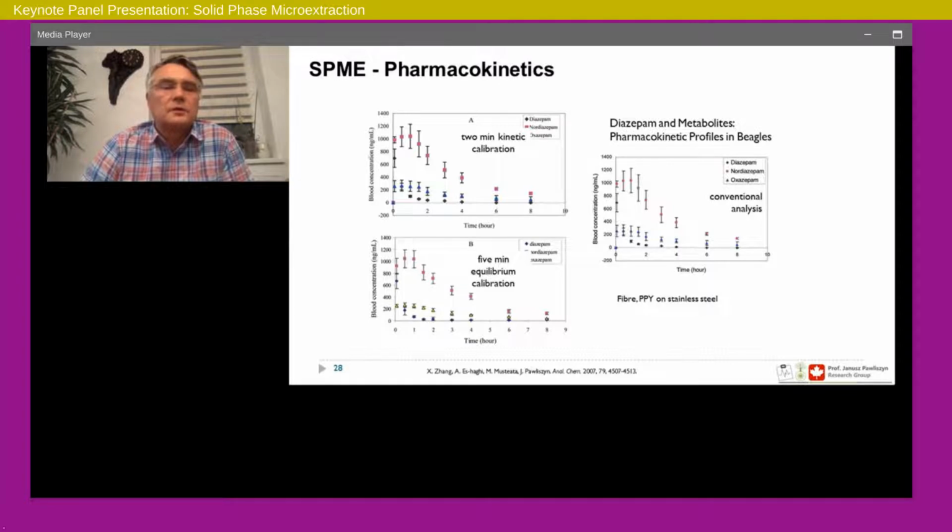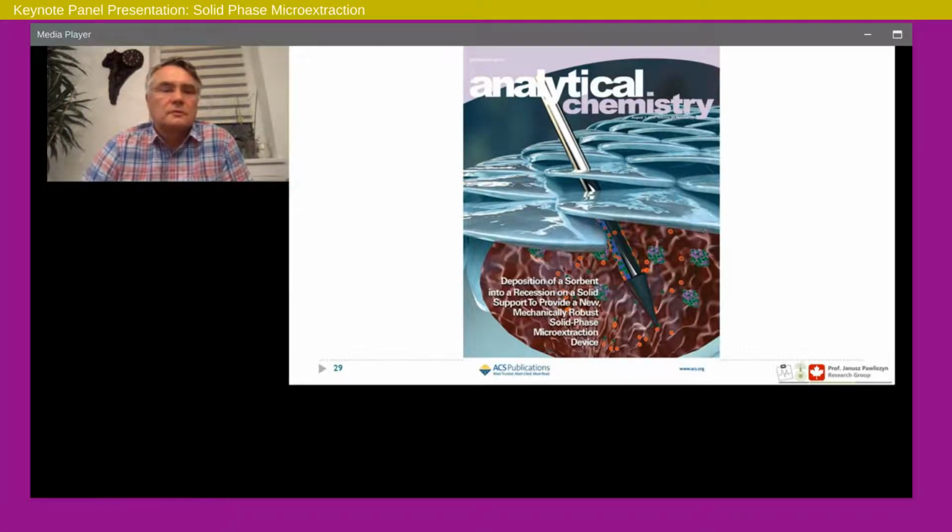One is equilibrium, one is pre-equilibrium, so short-term sampling versus long-term sampling, 5 minutes versus 2 minutes, but you can see there is no difference in the profile, no difference even in absolute values. So there is no reason to use traditional methods where you actually need to draw a lot of blood from animals.